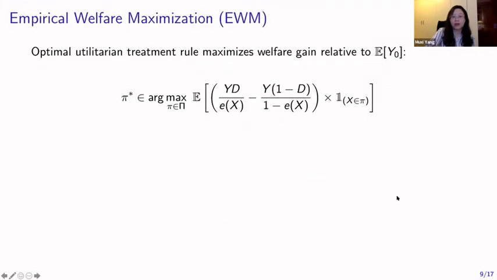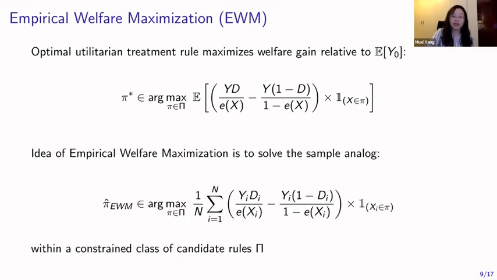Now, solving for the value maximizing treatment rule is equivalent to solving for the rule that maximizes the average value gain. The idea of empirical welfare maximization is to solve the sample analog of this problem within a constrained set of candidate rules.